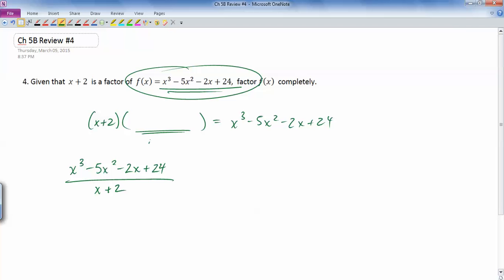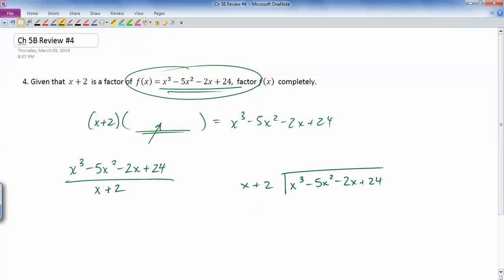And then I could fill that in here and see if I can keep going. There are a couple ways you could do this problem. One is you could do long division on x cubed minus 5x squared minus 2x plus 24, and put the x plus 2 out here. That's not going to be too bad to do. It should have a remainder of 0 because it's supposed to factor perfectly.